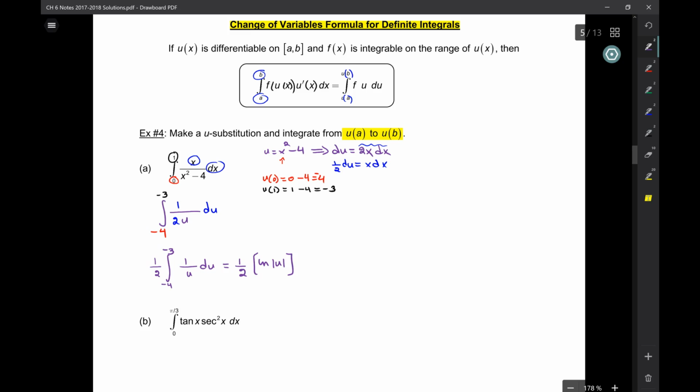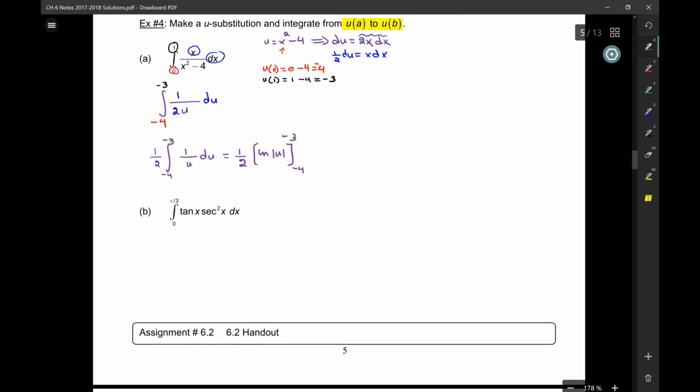And it's going to go from negative 4 to 3. I don't even have to plug the u equals x squared minus 4 back in there. Now it's just ingrained. So now this is 1 over 2. Okay. ln of what?